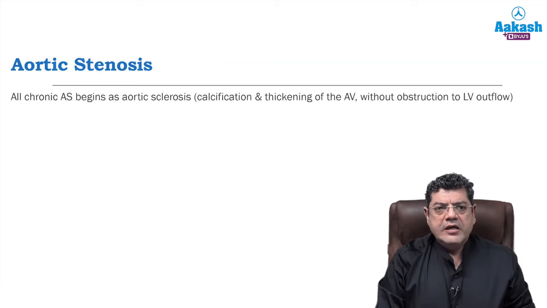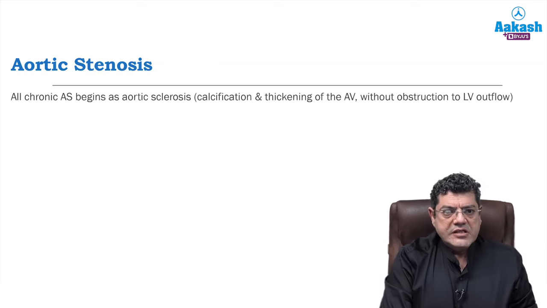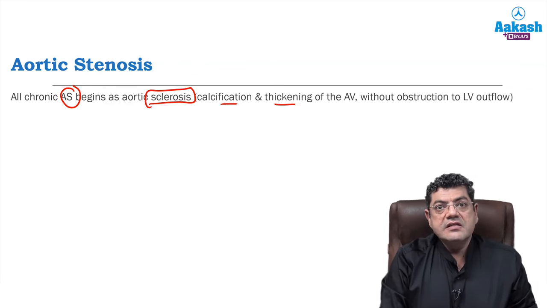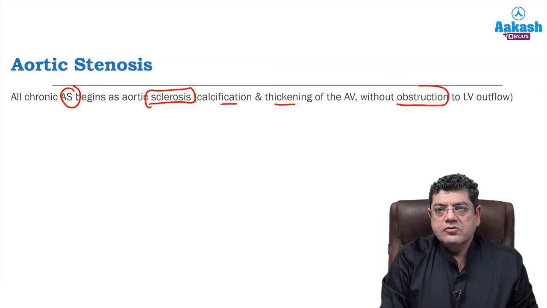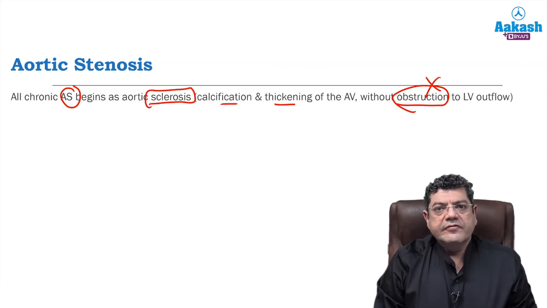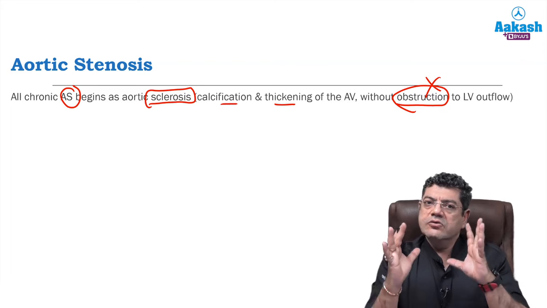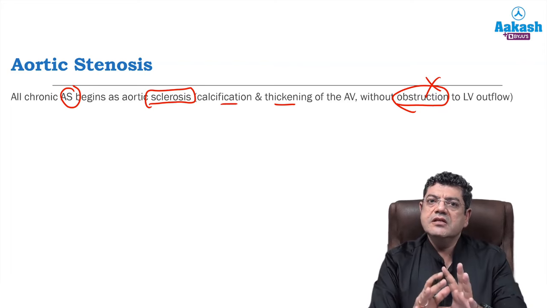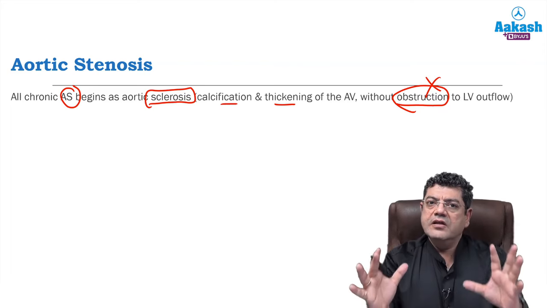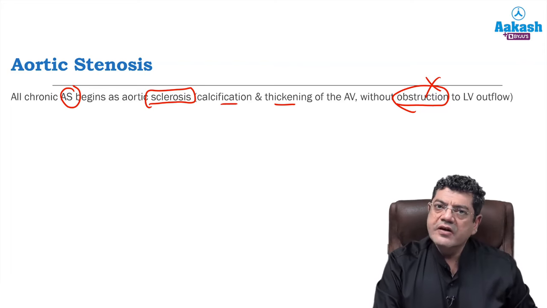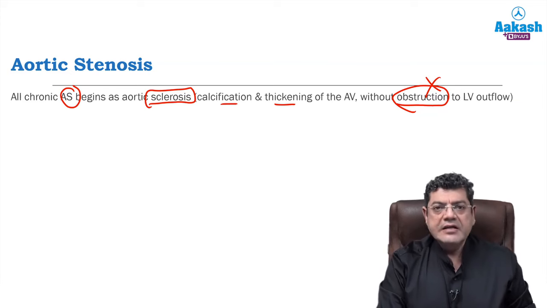Right? Okay. So the stenosis always begins as a sclerosis. What is a sclerosis? Where the valve is diseased, but there is no obstruction to left ventricular outflow. That is sclerosis. All aortic stenosis begins as aortic sclerosis. Aortic sclerosis will be seen in almost every individual if an autopsy is done after the age of 70, 75, right?